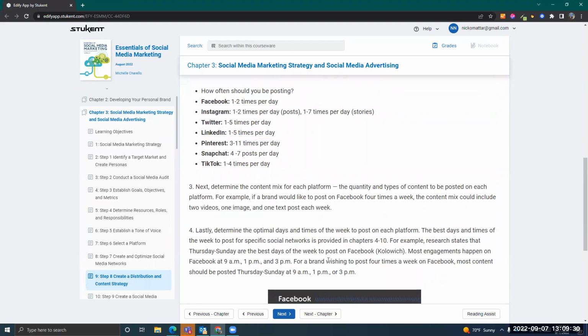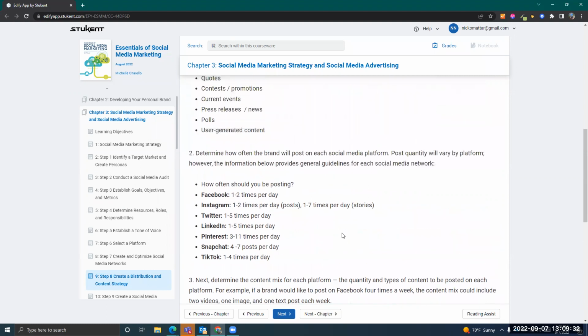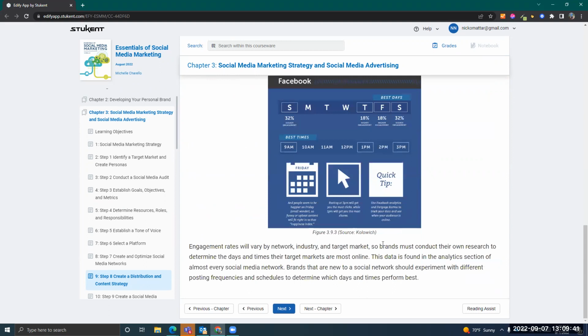I used to include questions on exams about number 2. How often should you post per day? I would ask questions about when the best days are to post and when the worst days and times are to post.